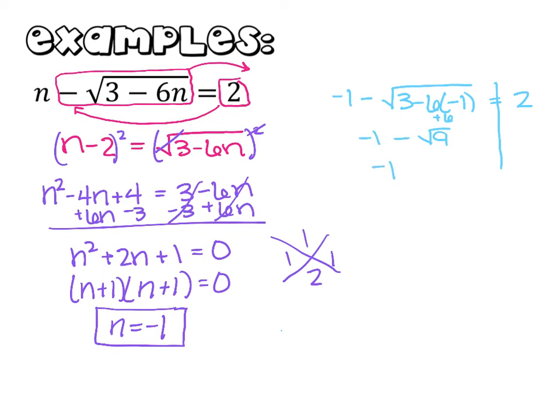Okay, so I get negative 1 minus 3, and that's actually negative 4. What does that mean? That means that negative 4 doesn't equal 2, so there would actually be no solution.